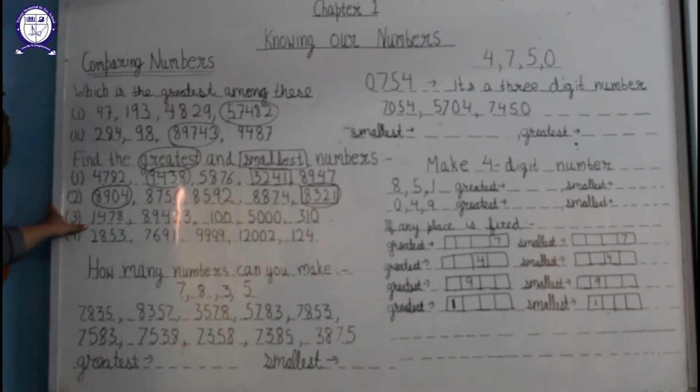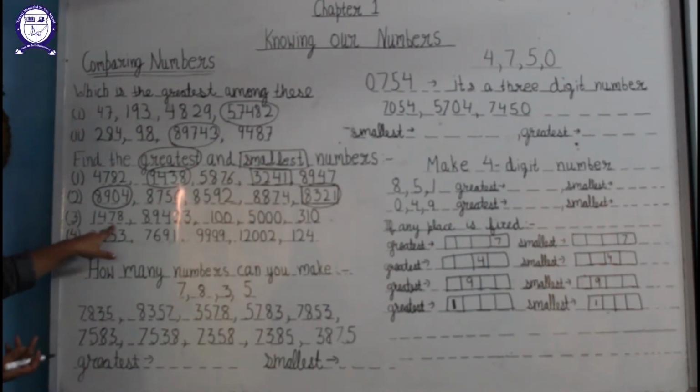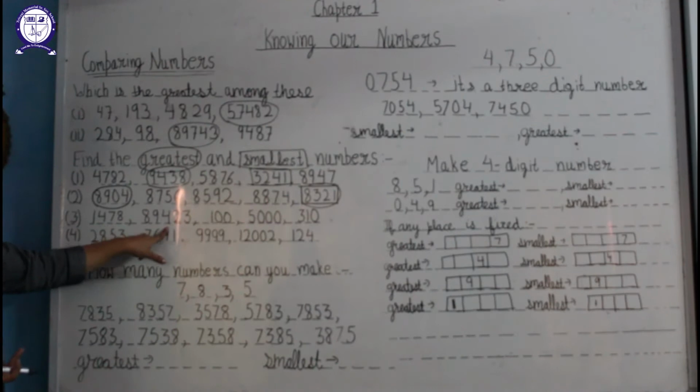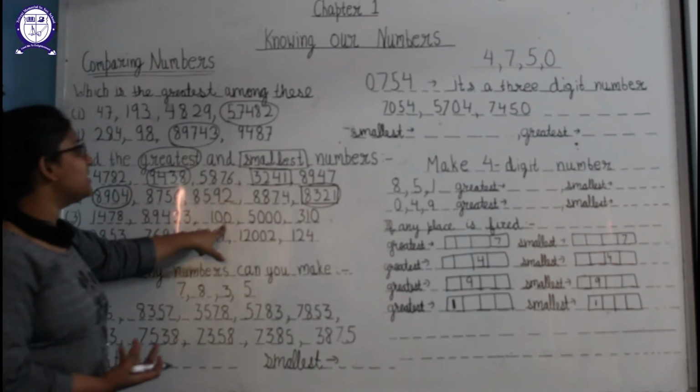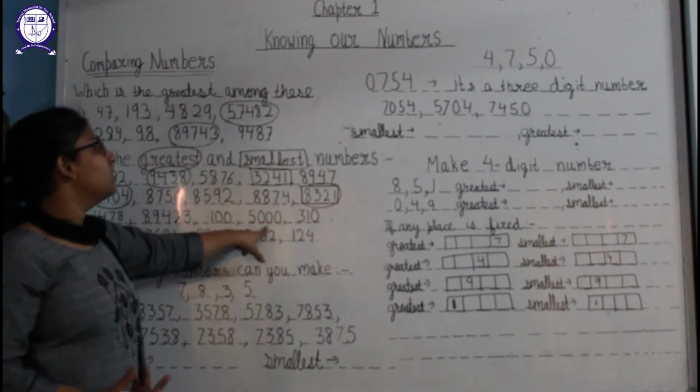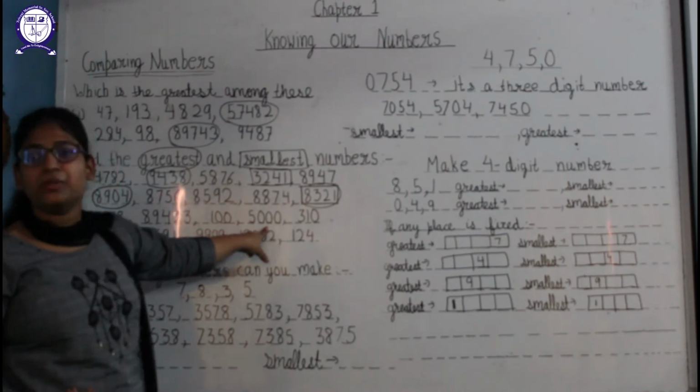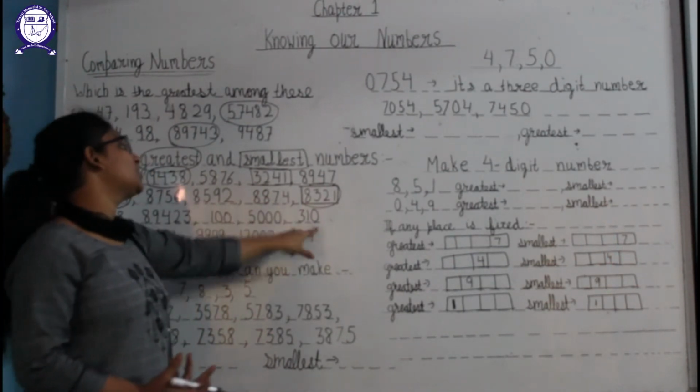Now in the third part, numbers are given randomly. In these, not even the number of digits is the same, and we cannot compare any particular place. So first of all, we will count the digits. The first is a 4-digit number, the second is a 5-digit number, the third is a 3-digit number, the fourth is a 4-digit number, and the last one is a 3-digit number.